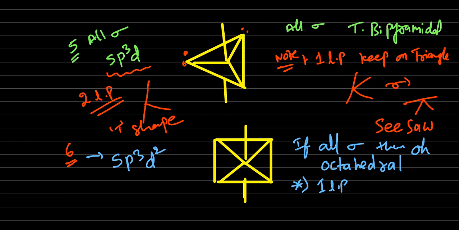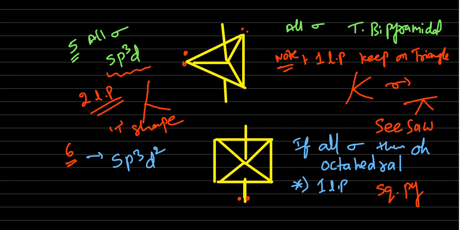So I am keeping the lone pair here, below the square. Then my shape is square pyramid. Suppose two lone pairs are there.